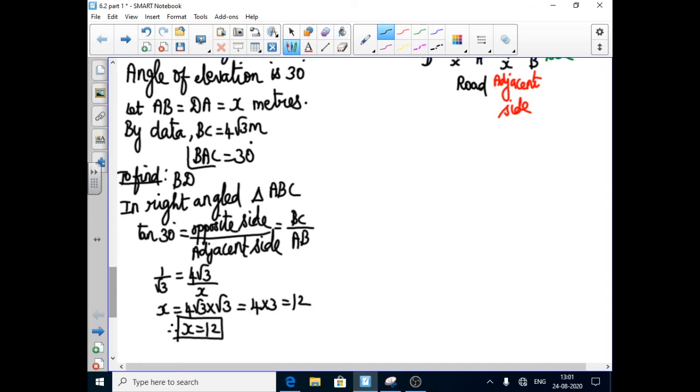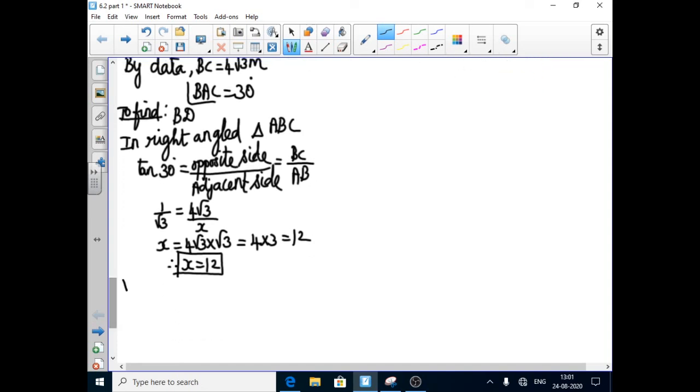Now they ask for the width of the road. So we have to find the width of the road. According to our diagram, it is DB. This can be written as DA plus AB. We got x equal to 12, and both sides are x, so this is also x, this is also x.